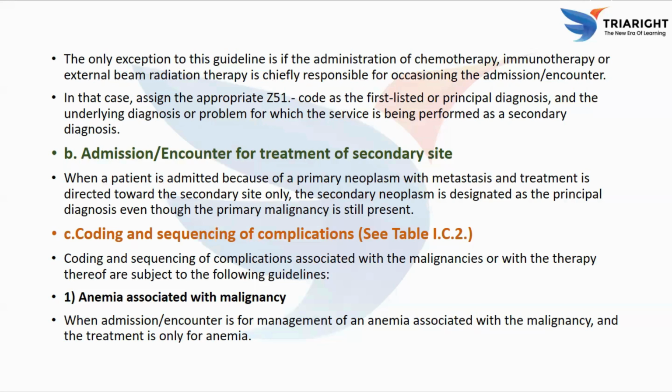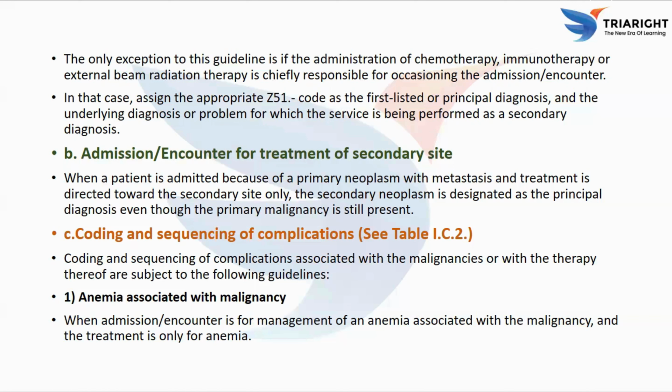So here is an example: a patient with breast cancer and bone metastasis is admitted for radiation to the bone. You assign C79.51, secondary malignant neoplasm of bone, as the principal diagnosis, and then C50, the primary breast cancer, as a secondary diagnosis. So do not assume the primary cancer is always the principal diagnosis.